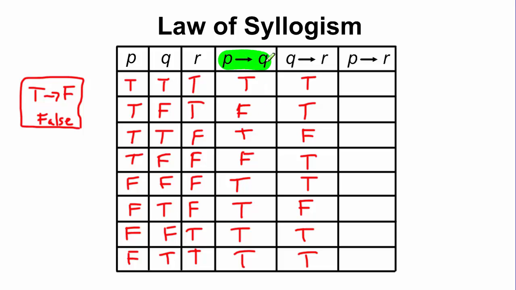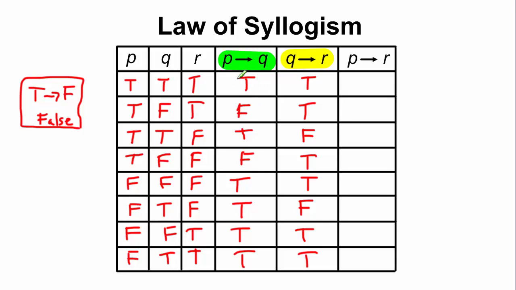So if I have a conditional, P implies Q, where P is a hypothesis and Q is a conclusion, and then I have another conditional where I take the conclusion of this one and make it the hypothesis, and I make a conditional with R, well, they're saying that in the case that both of these conditionals are true, you're able to observe something. So let's just see what that is.